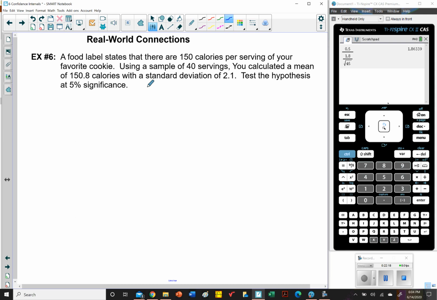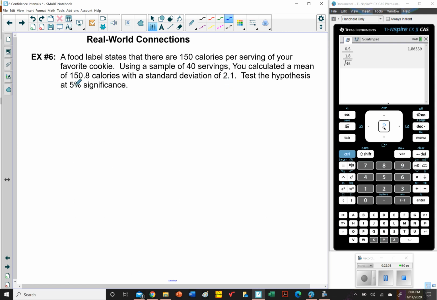Okay, 2 more to go. A food label states that there are 150 calories per serving of your favorite cookie. We're using a sample of 40 servings. You calculated a mean of 150.8 calories with a standard deviation of 2.1.